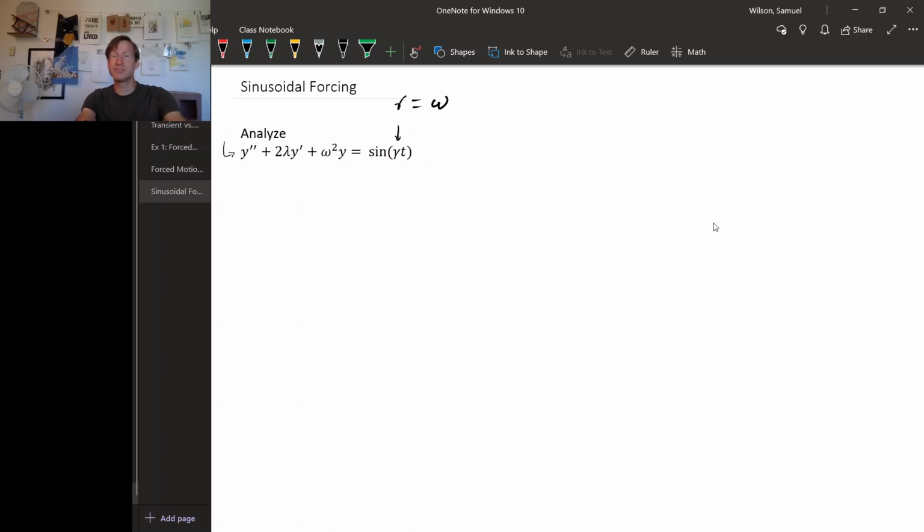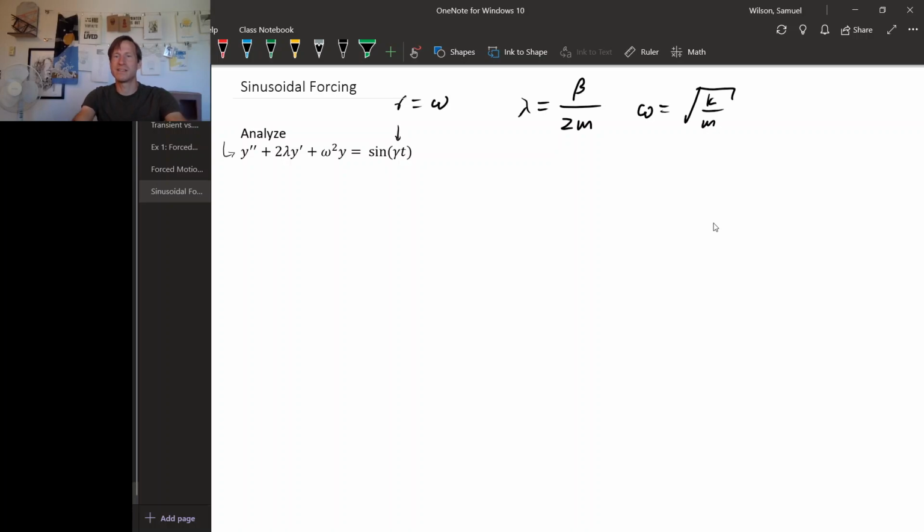Remember, if you have a mass spring type setup or an electric circuit, an RCL circuit, then you can write lambda and omega in terms of the constants of that system. For example, in the mass spring situation, lambda is beta over 2 times mass, and omega is the square root of k over m.